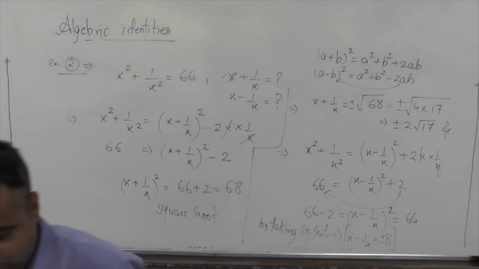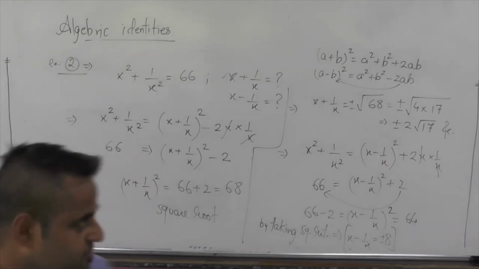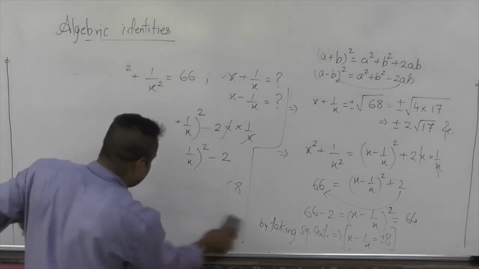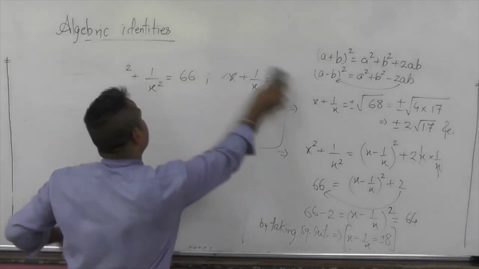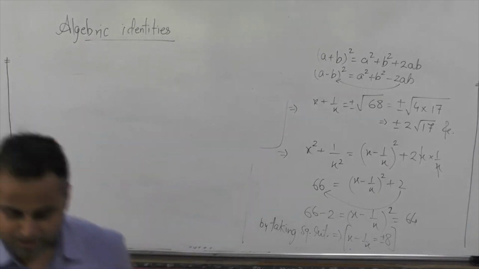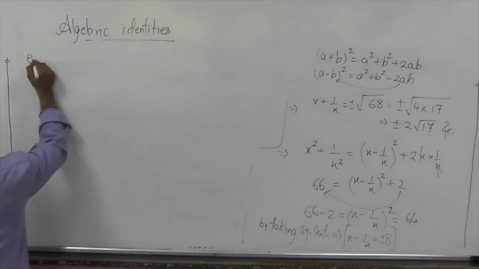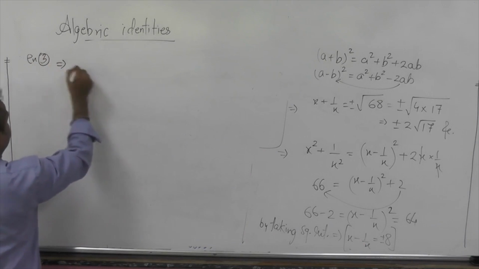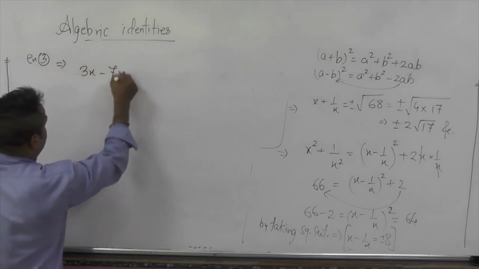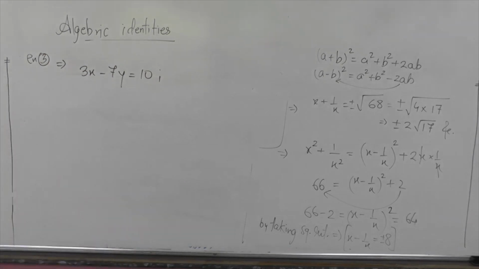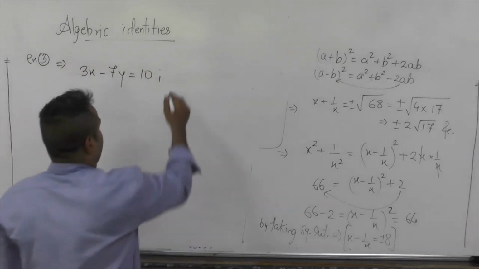Now, let's move on to other questions, some other questions like this. I'm rubbing it. Now there are few questions which have mixed terms in them, and you need to put them accordingly, like 3x minus 7y equals 10, one of the values given to us, and xy equals minus 1.